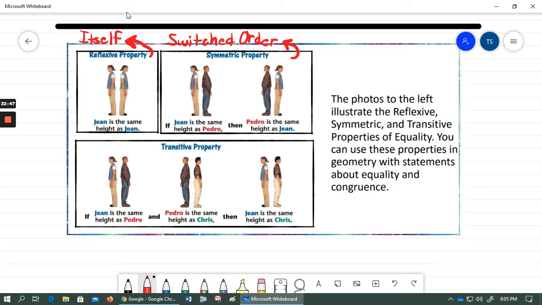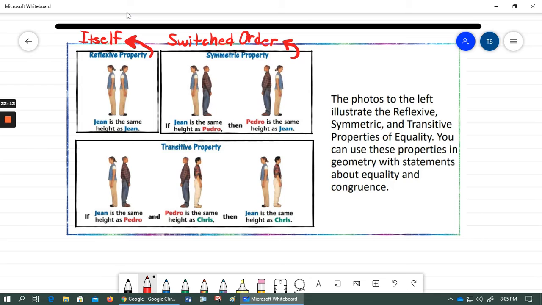Pedro, Gene, and Chris. All right, so anyway, with the transitive property, you see out here, it's comparing at least three different things. It can compare at least three values, or it could compare at least three geometric figures.